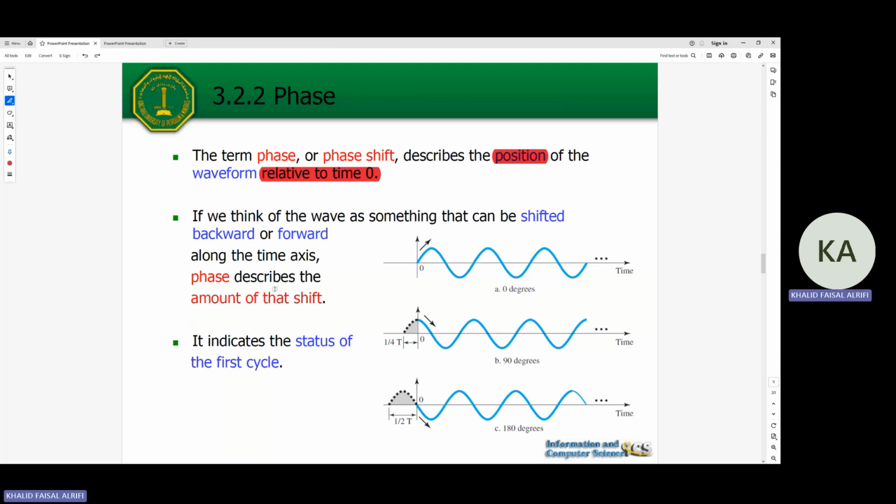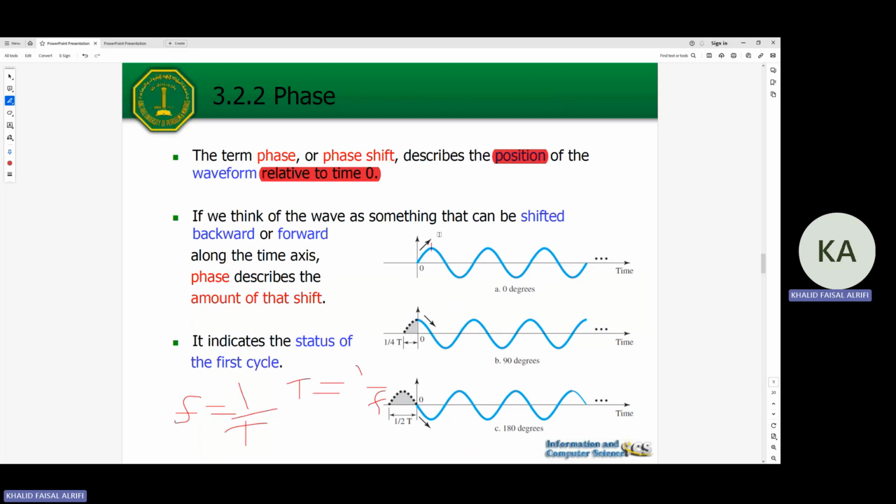So here you can say there are some rules: the frequency equals 1 over the period, and the period equals 1 over the frequency, as you know. Here you can divide the sine wave.